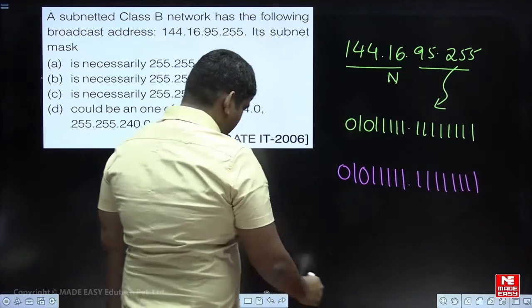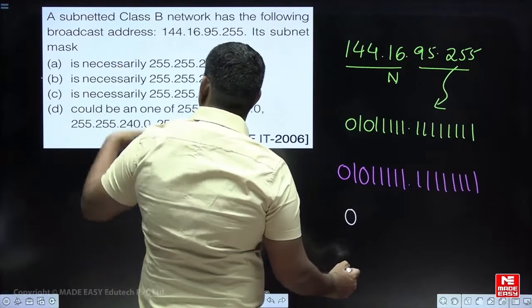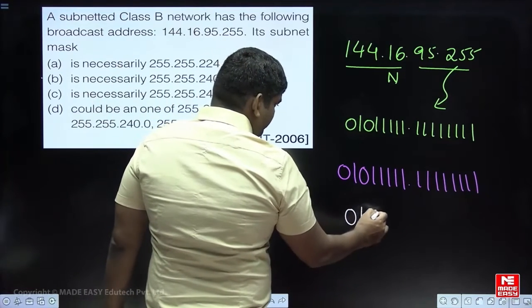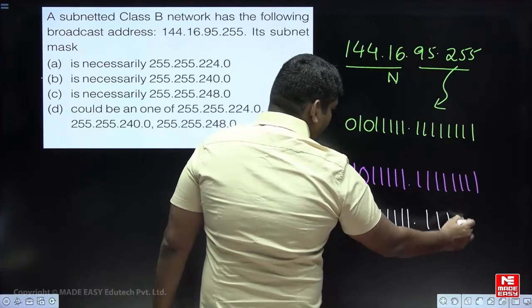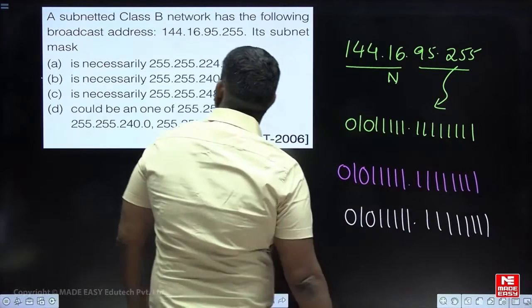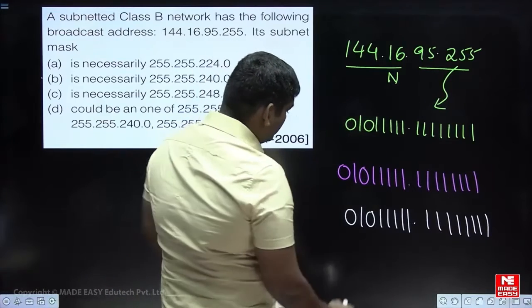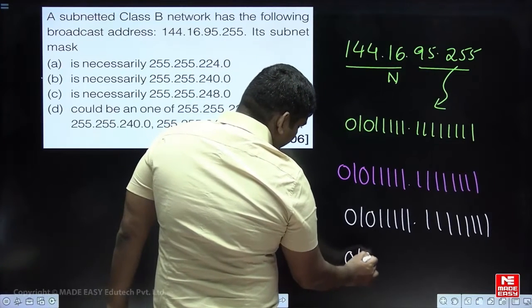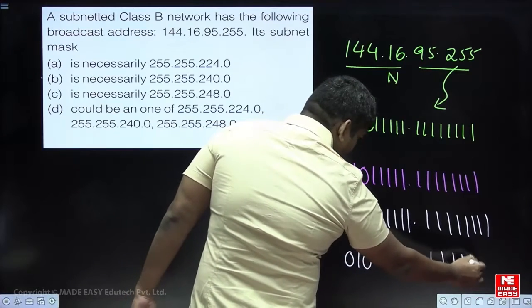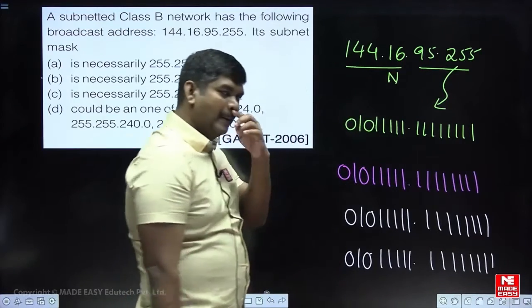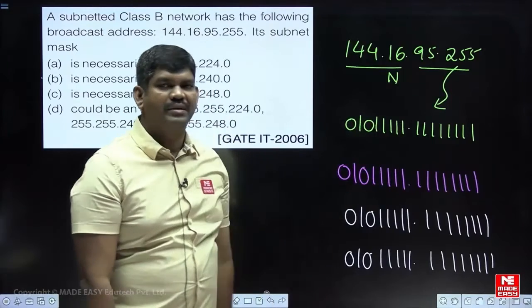Since there are 3 options, we write the same value three times.